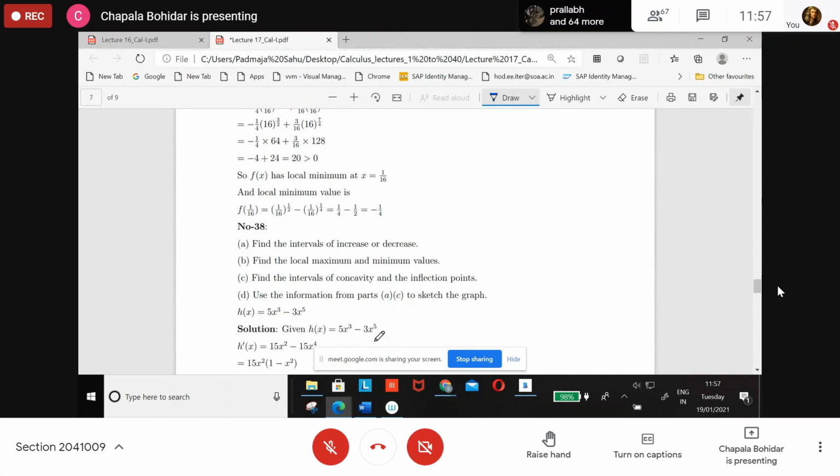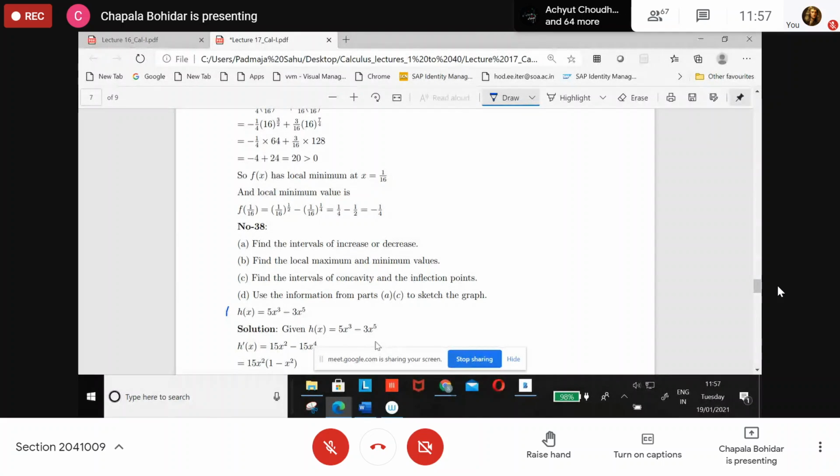Question number 38 is given, h(x) is equal to 5x cube minus 3x to the power 5.